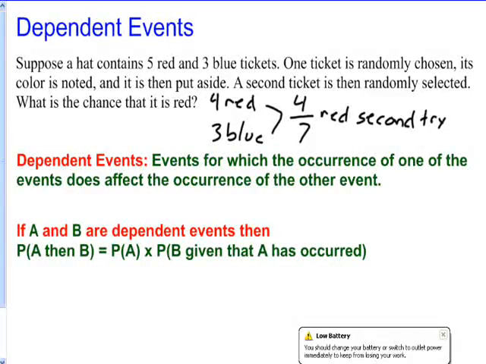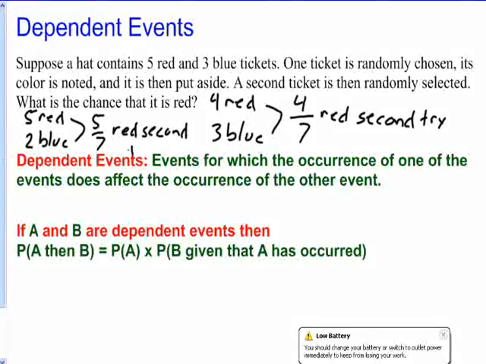However, if a blue was selected on the first drawing, I would have had 5 reds left and only 2 blues left, which would have meant that I would have had 5 out of 7 chance to get a red. Therefore, we don't actually know what our percentage of chance of getting this is. So it's labeled as a dependent event.